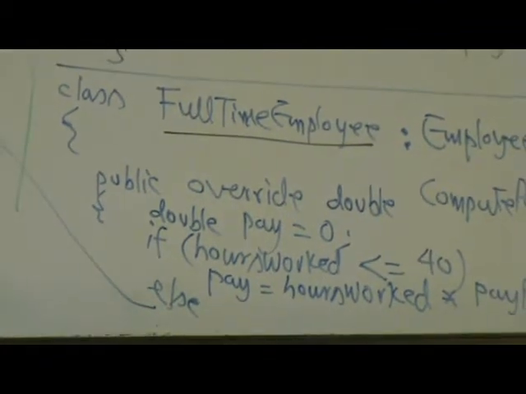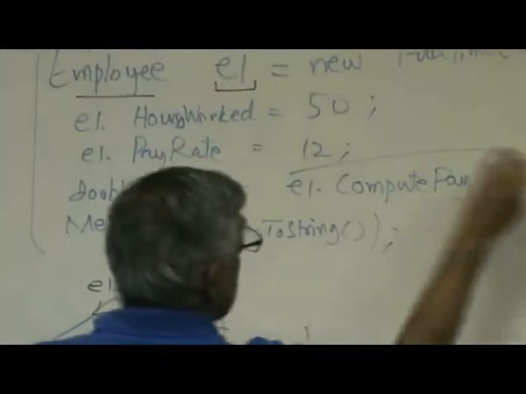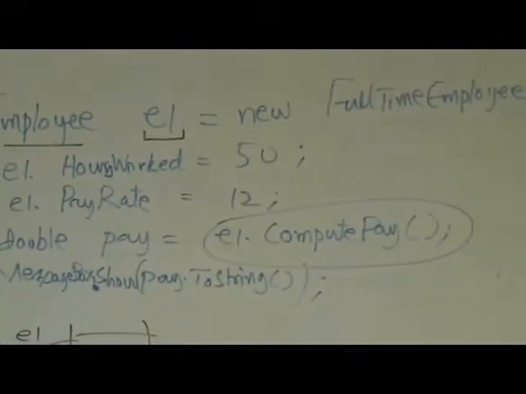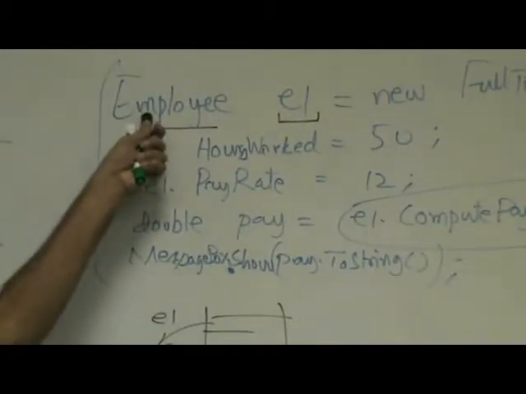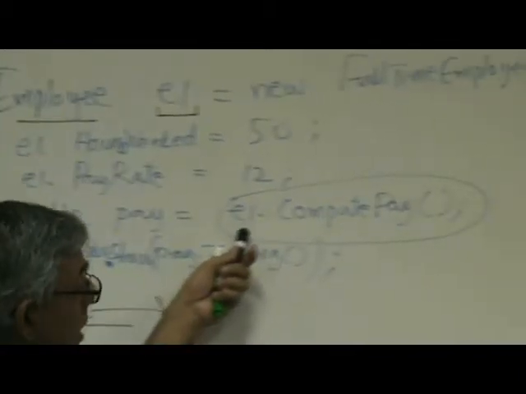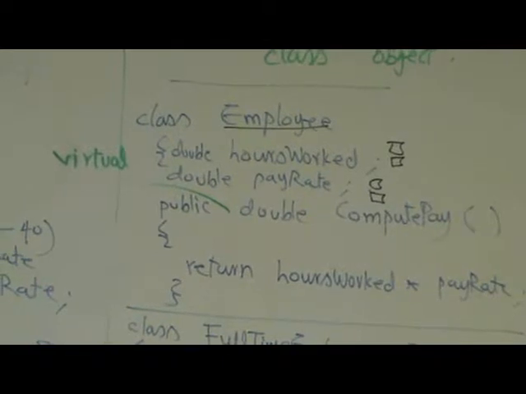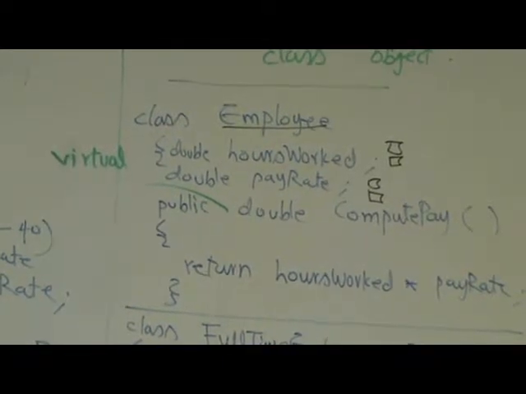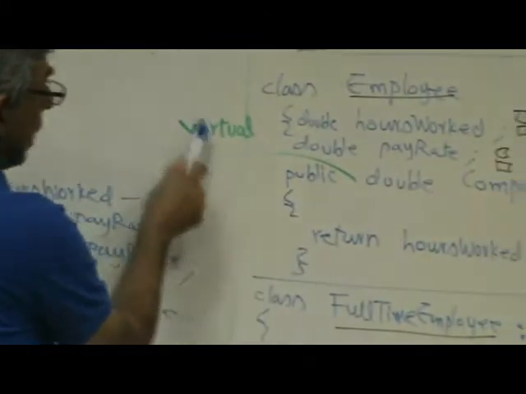So anyway, to summarize one more time, when the compiler comes across this statement, what does it do? It goes and checks E1. What type is E1? Employee. Then the compiler goes to the Employee class and checks whether it was declared virtual, abstract or override, because in all three cases the vtable has to be involved. So if this is virtual, what will the compiler do?